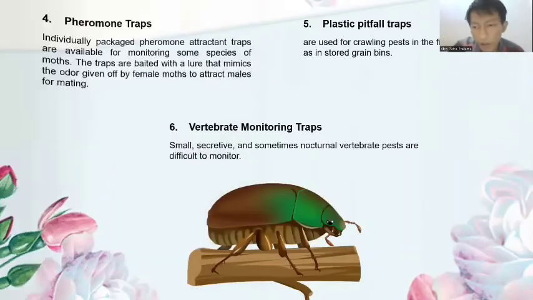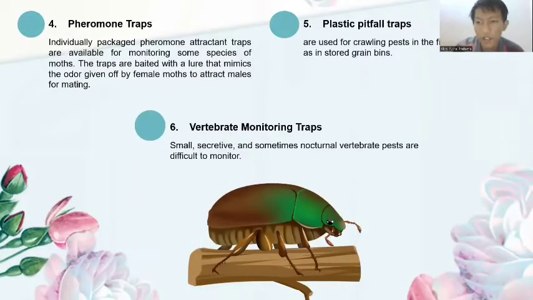Sticky traps are used as monitoring tools in greenhouses and orchards, although they may be used as a control on indoor plants. By regularly checking the sticky trap, a grower can determine the initial presence of a potentially damaging insect population.